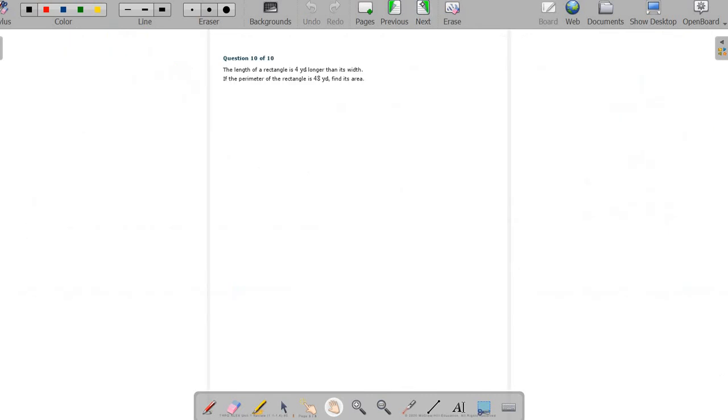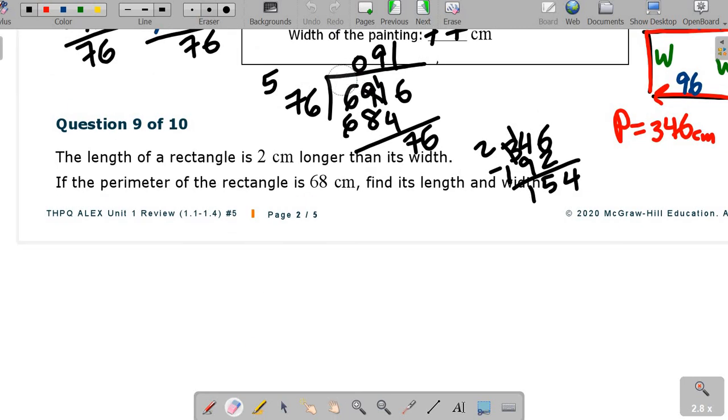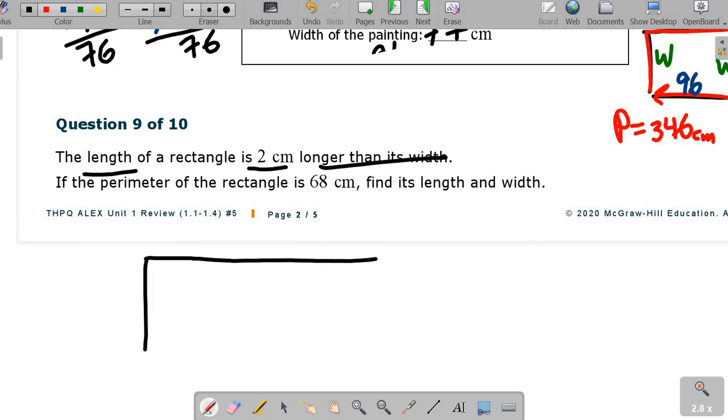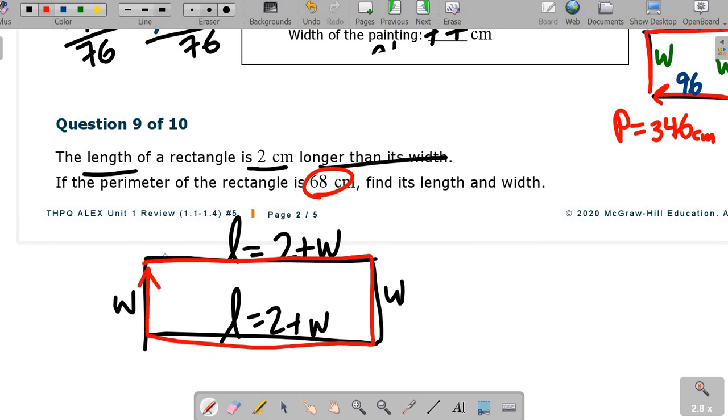Number 9. It says the length of a rectangle is 2 centimeters longer than its width. Longer than, it's a positive. So the length is 2 centimeters longer than the width. Here would be the width. The perimeter of the rectangle is 68, so you walk it around. That's going to be P equals 68. Find its length and width.